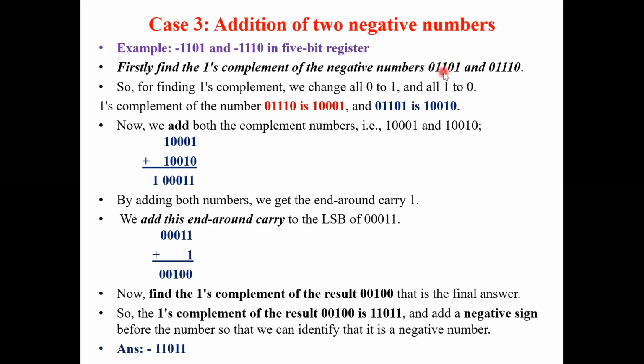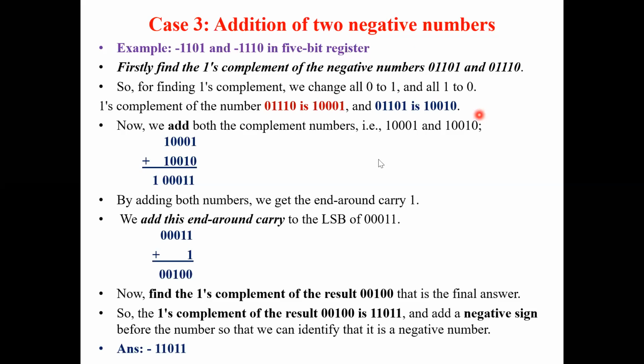For ones complement we are changing the bits. So 0 1 1 0 1 becomes 1 0 0 1 0, and 0 1 1 1 0 becomes 1 0 0 0 1.